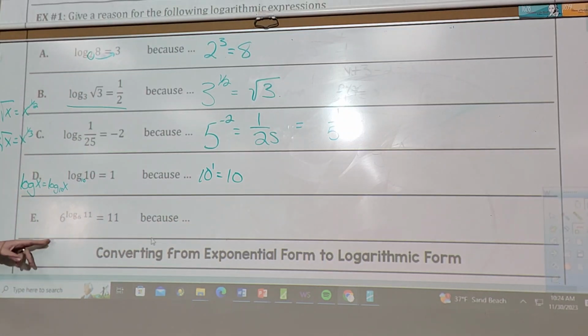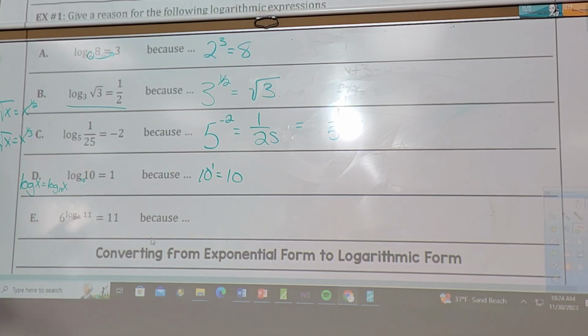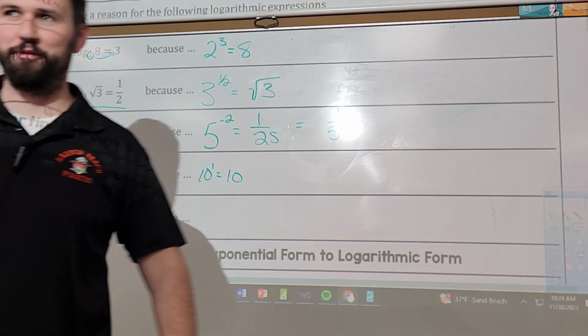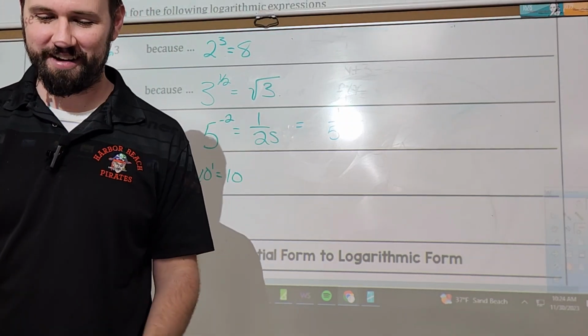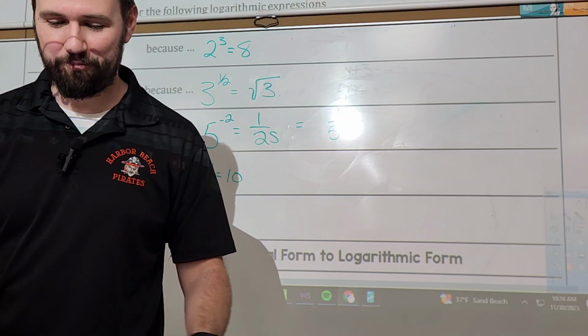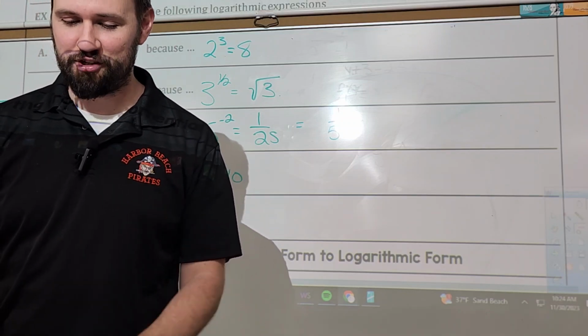Hold on, I really gotta think. Can I do this without looking at the key? I gotta remember the proof for this. I'm gonna look at the key and make sure it's right. I am cheating.